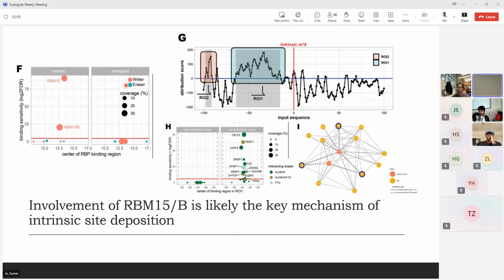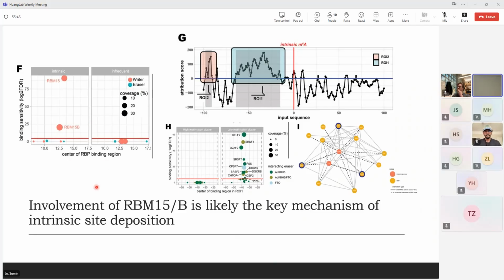We examined the writers and erasers because we are working on the upstream mechanism. What we observed is that intrinsic M6A sites are significantly enriched with RBM15 and RBM15B, but the infrequent sites are not. The known RBM15 and RBM15B are accessory proteins that help to recruit the methyl 14 and methyl 3 writer complex.